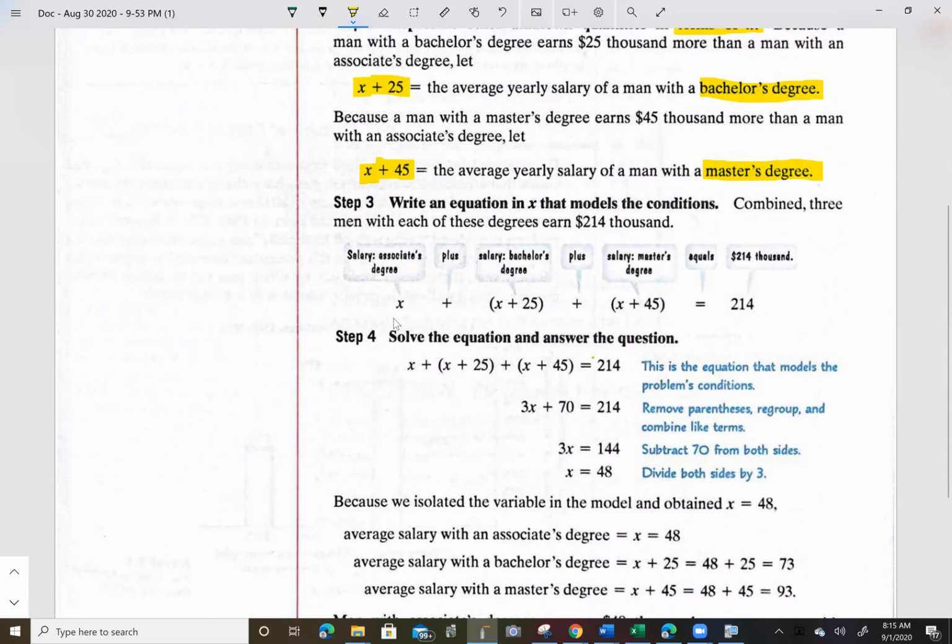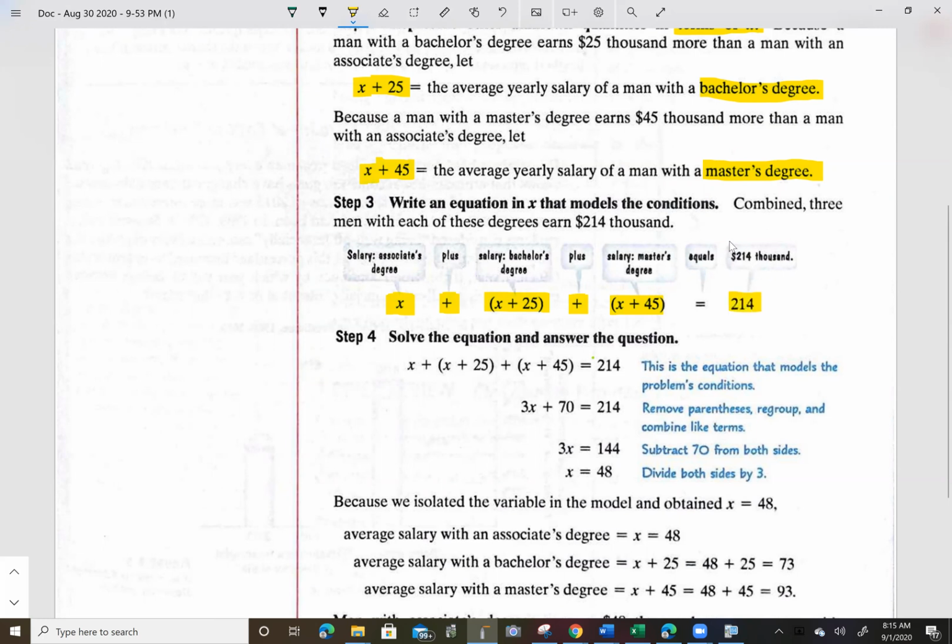Then we're writing an equation in X that models the conditions. You take the man with the associate's degree, X, you add the salary of the person with the bachelor's degree, which we represented as X plus $25,000. Then we add the salary of the person with the master's degree, which was X plus $45,000, and it equals $214,000.